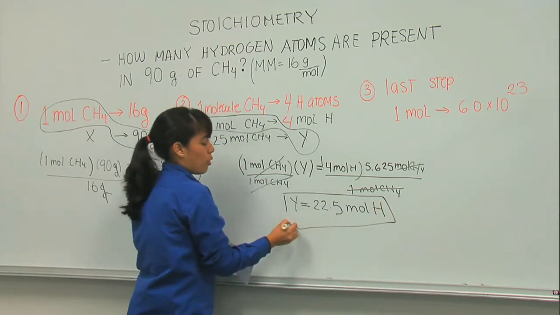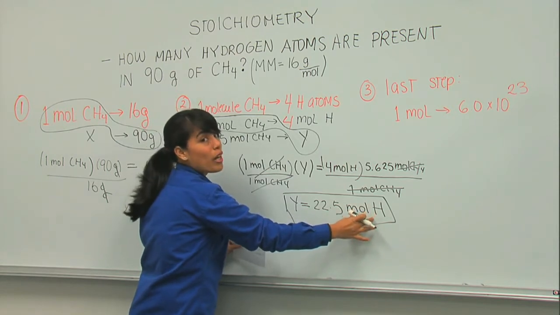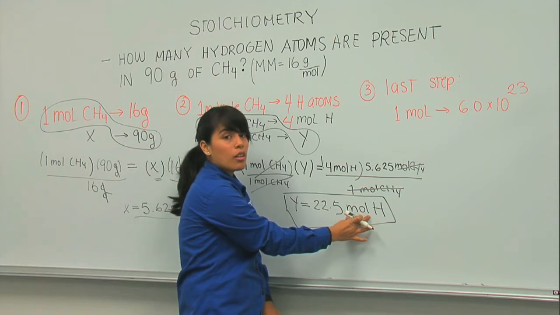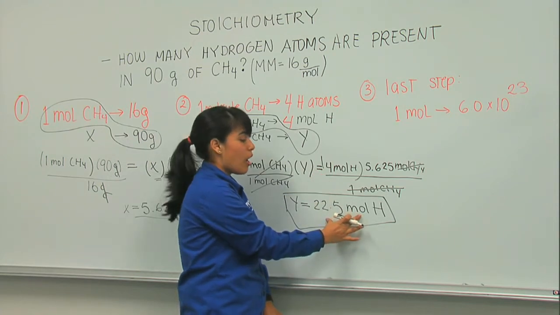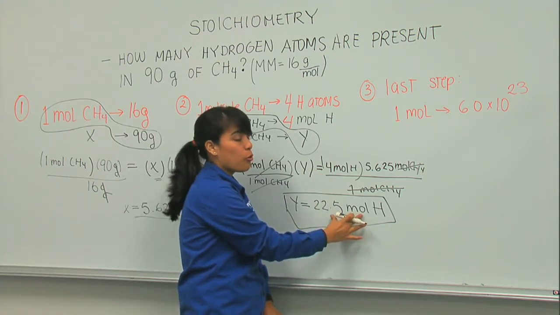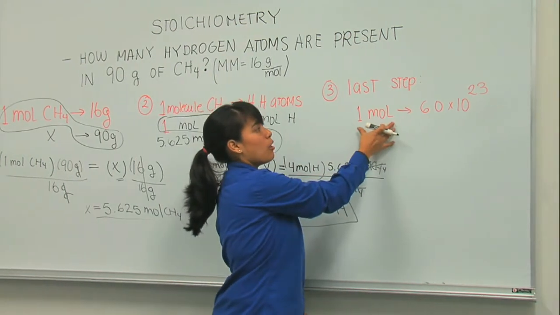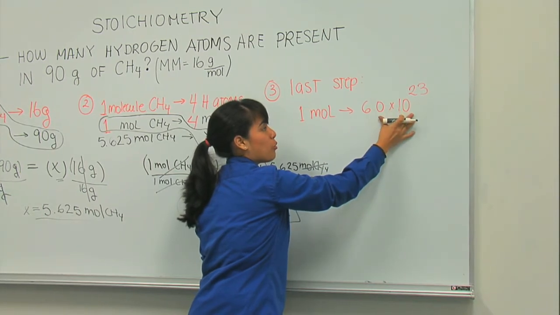We're close, because now we have moles of hydrogen, but there's one last step. And if you remember, 1 mole is the same as Avogadro's number. So if I want the number of atoms present, I will have to do a last step in which I convert moles to a number. So in the last step, I know that 1 mole is 6.02 times 10 to the 23.